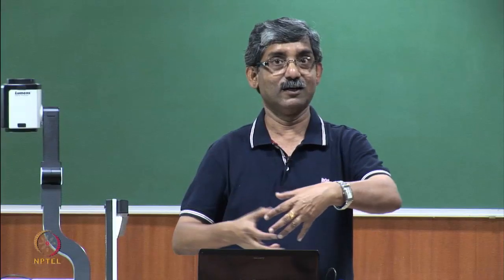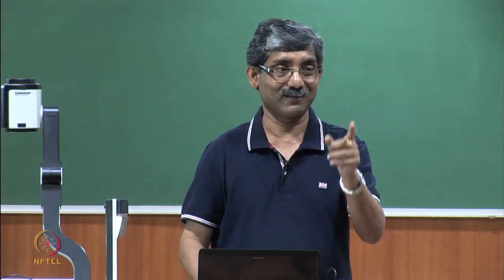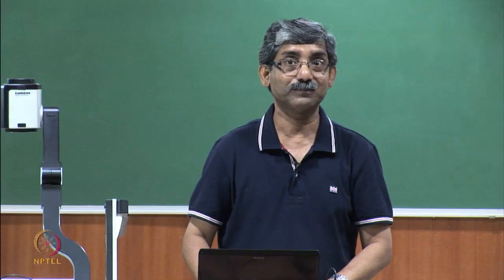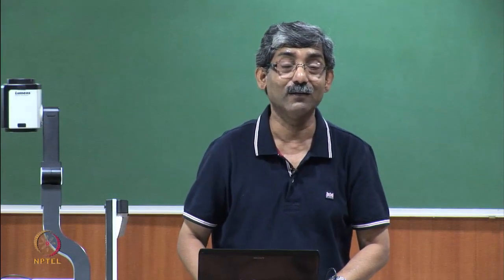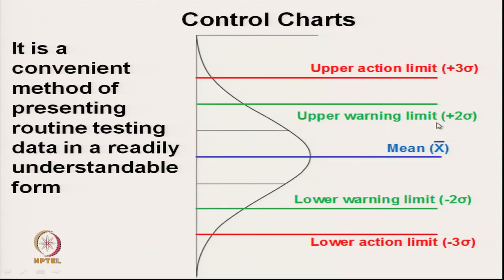In that case rejection will be too high and we will take action unnecessarily. So, depending on the achievable standard deviation we set the limit. That is why in normal practice industry follows a plus minus 2 sigma limit, which is the warning limit.